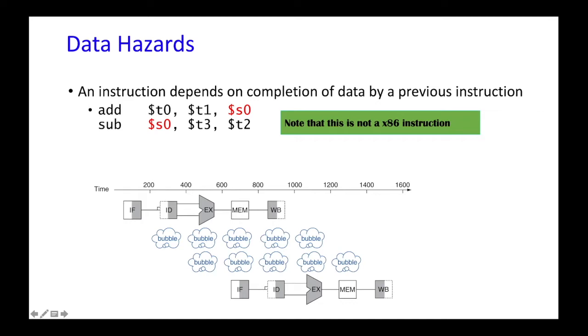In our simple 5-stage example, updating the S0 register takes place in the last stage, the write back stage. The next instruction, sub, needs the updated S0 in the instruction decode stage, meaning we cannot start executing the sub instruction in the very next clock cycle. So this is one example of a data hazard.